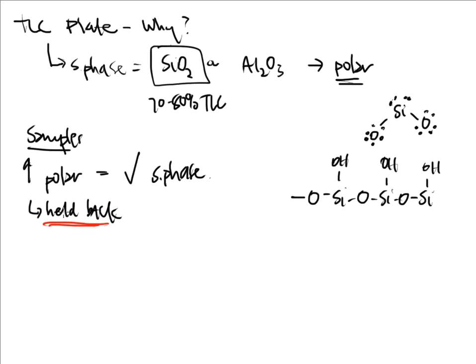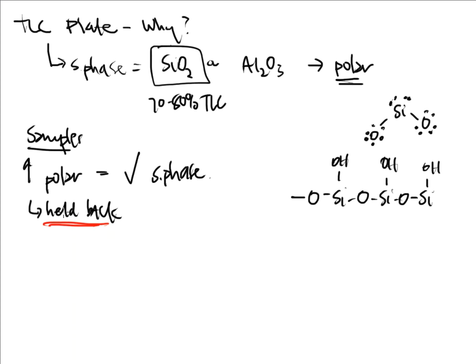So if we have an assortment of samples that we have injected or loaded on a TLC plate, then I need to look at the polarity of these compounds. I need to figure out which one is more polar than the other. Is there a way that I can determine that?